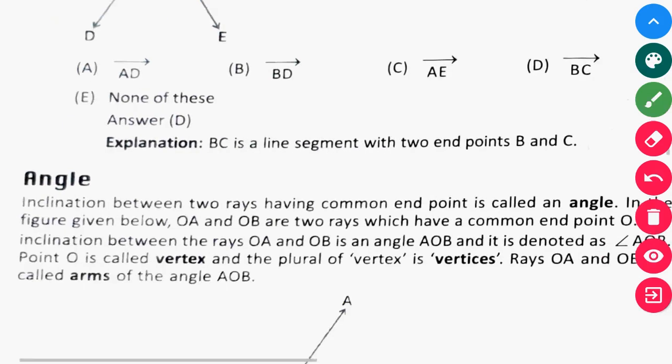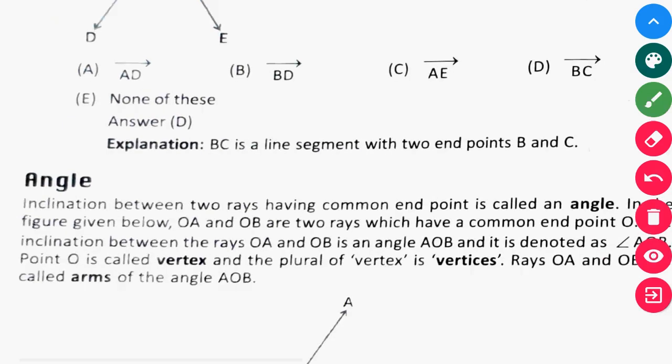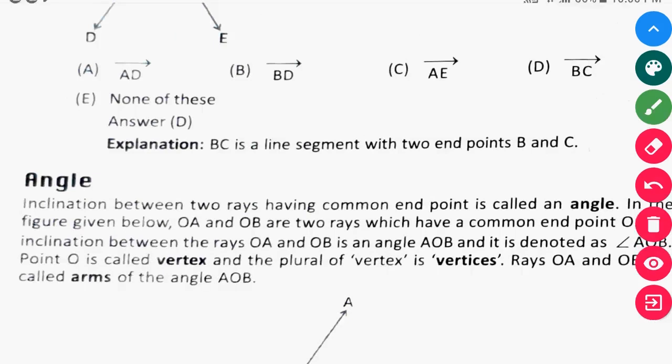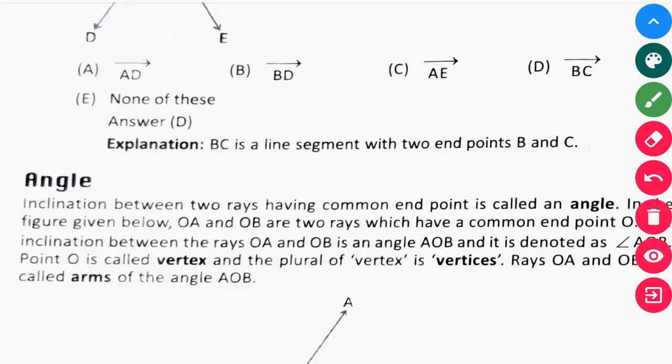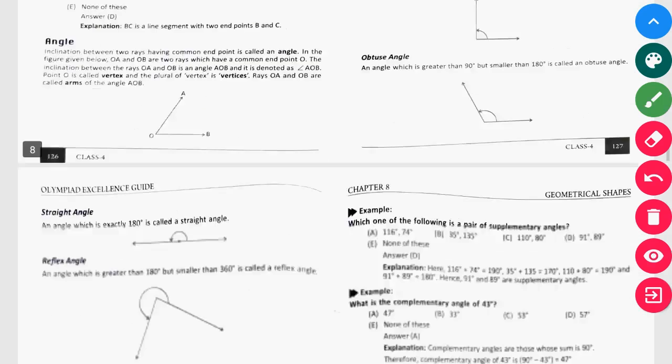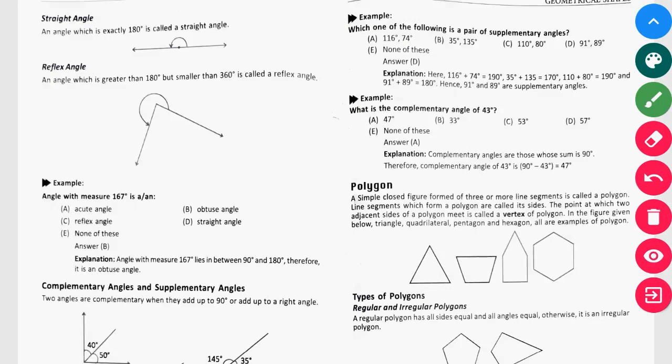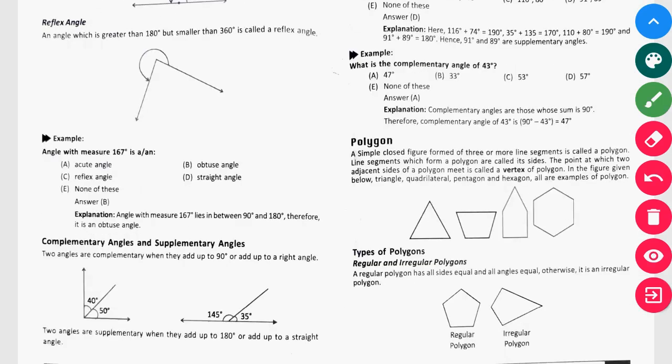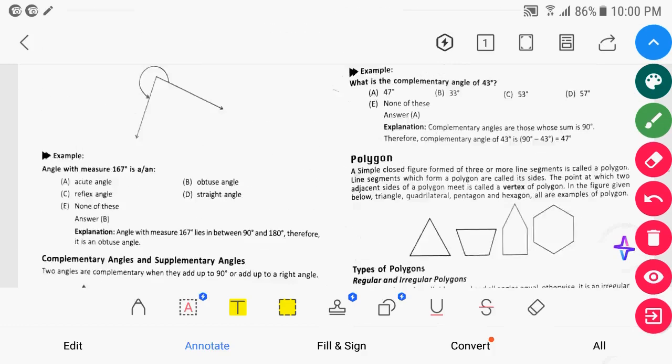Now the next topic is about angle, triangle. Okay, so vertices, then types of angle, different types of polygon, different types of square.